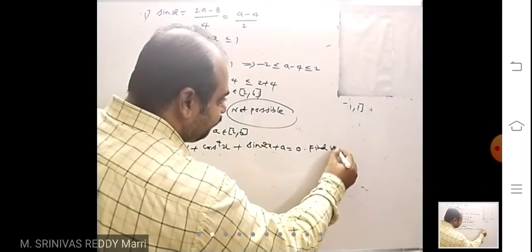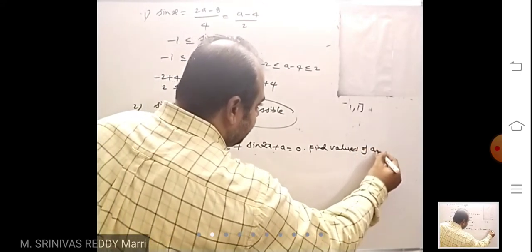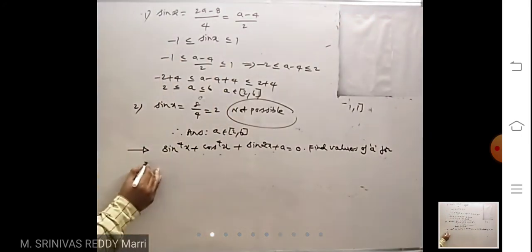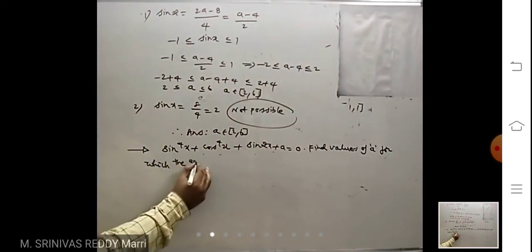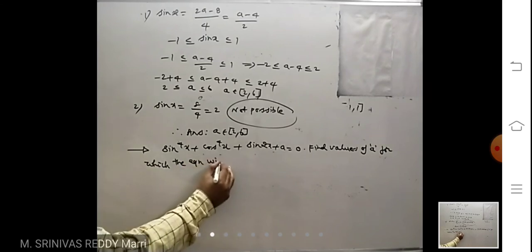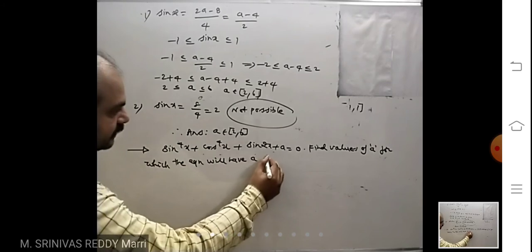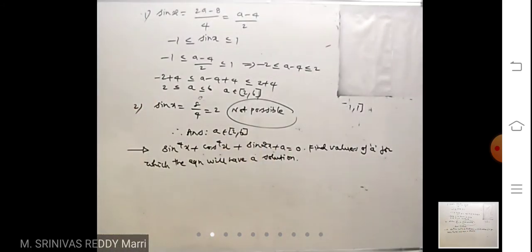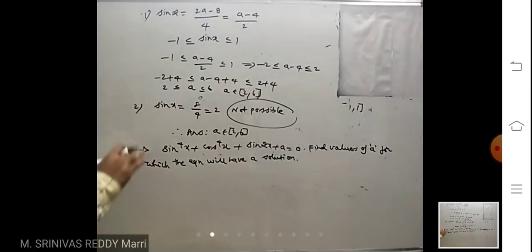The question is: find values of a for which the equation will have a solution. That means you have to find the values of a such that it possesses at least one solution.